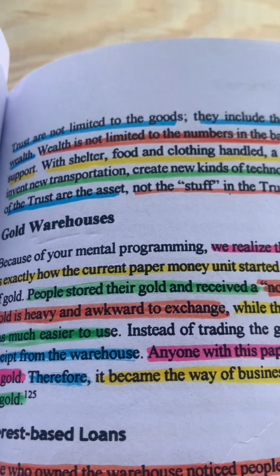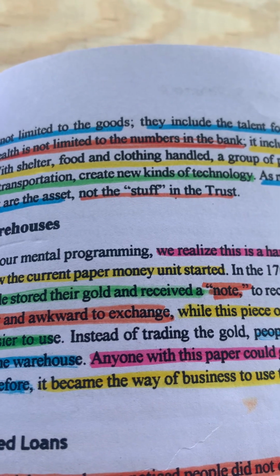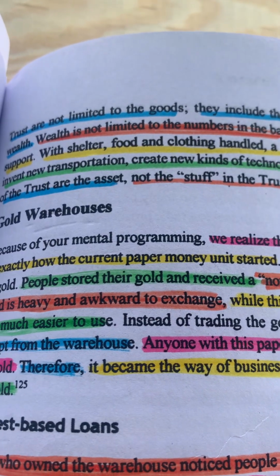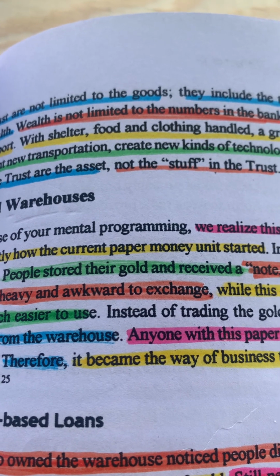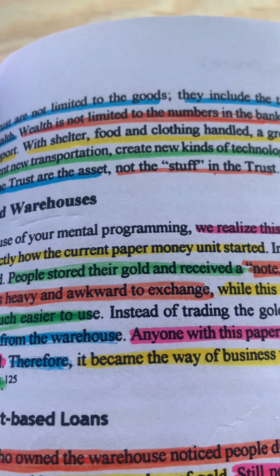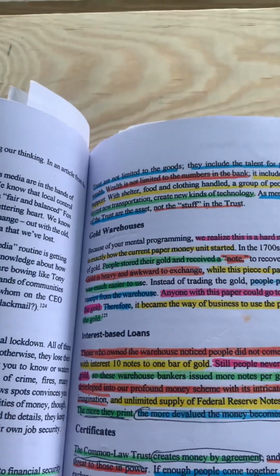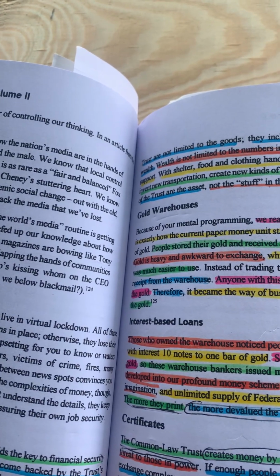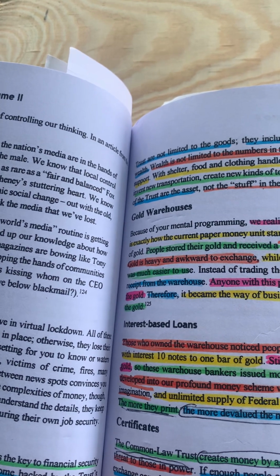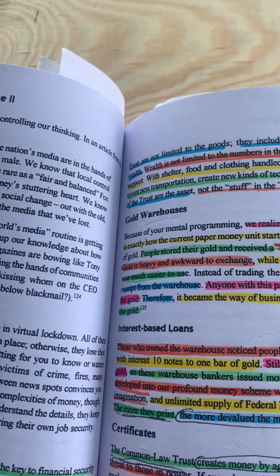With shelter, food, and clothing handled, a group of people can build a city, invent new transportation, create new kinds of technology. And again, that's another threat to this irrevocable common law trust. They want you to depend on them for food, shelter, and clothing.